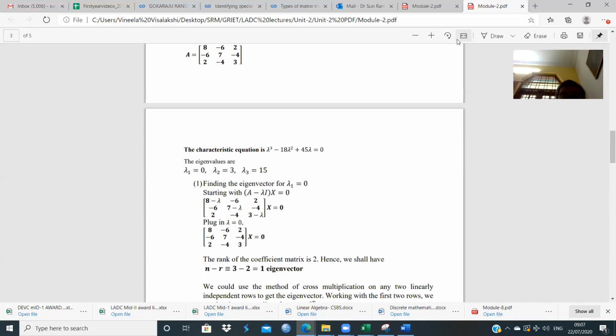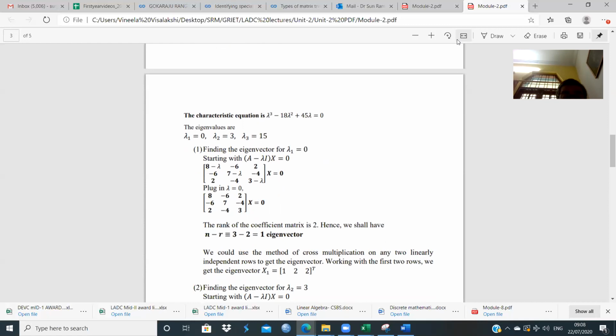So you plug in lambda 1 is equal to 0 in the equation (A minus lambda I) into x is equal to 0, and you get [8, minus 6, 2; minus 6, 7, minus 4; 2, minus 4, 3] into x is equal to 0. When you check the rank of this matrix, you get the rank is 2. Hence, we shall have n minus r eigenvectors, that is 3 minus 2, which is 1 eigenvector. So for lambda is equal to 0, we'll have just one eigenvector.